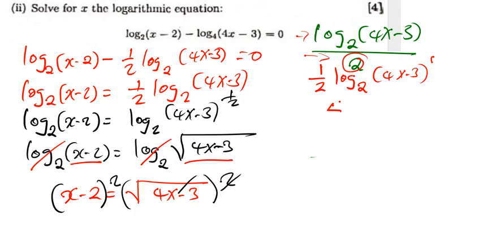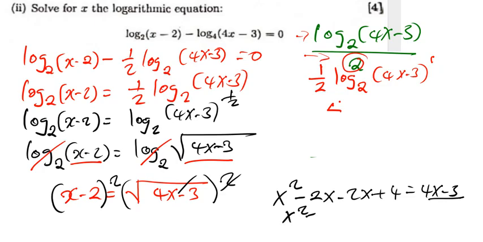So then we have x times x is x squared, then x times 2 is 2x, negative 2 times x is negative 2x, 2 times 2 is positive 4, equal to 4x minus 3. Shift everything to the other side. x squared minus 4x, then shifting the 4x again gives another 4x, then plus 4 plus 3 is equal to 0.